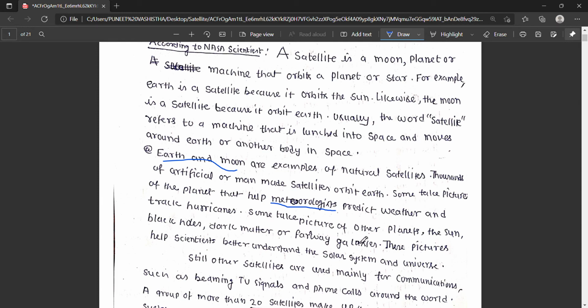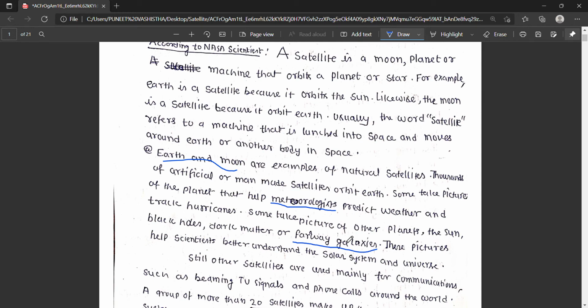Some take pictures of other planets, the sun, black holes, dark matter, or far away galaxies. This is the main thing which we are doing nowadays because जितने भी बाकी ये काम है like weather forecasting और other things जो हम लोग कर रहे हैं वो स्टार्टिंग से करते आ रहे हैं, लेकिन अभी फिलहाल हम लोग इस तरफ चल पड़े हैं कि दूसरी गैलेक्सीज में हमें कोई जीवन मिल जाए, कोई एलियंस मिल जाए.